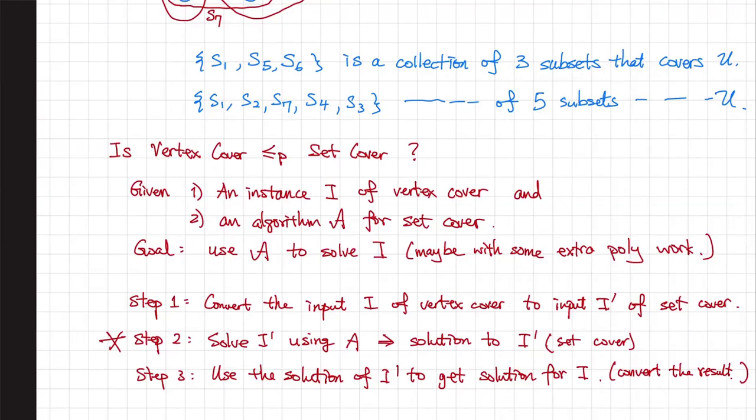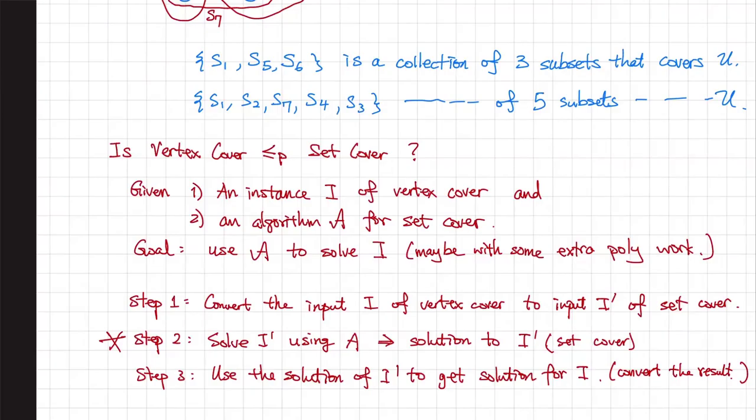And then we can just use the algorithm. We don't need to do step 2, but this part is assumed, regardless of whether we actually have the algorithm. If they have it, great, you just use it and get the result. If we don't know how to solve it, then wait until someday someone figures out the algorithm, then your problem can also be solved as soon as someone solves that problem. You see that? Okay, so step 2 is assume.